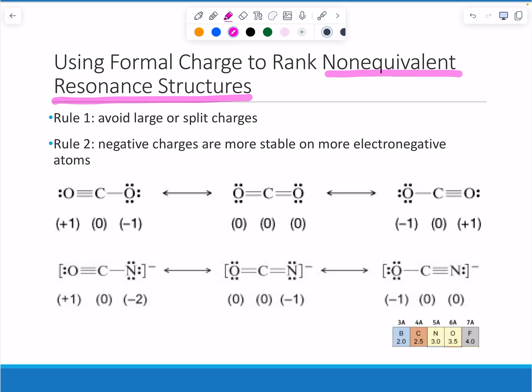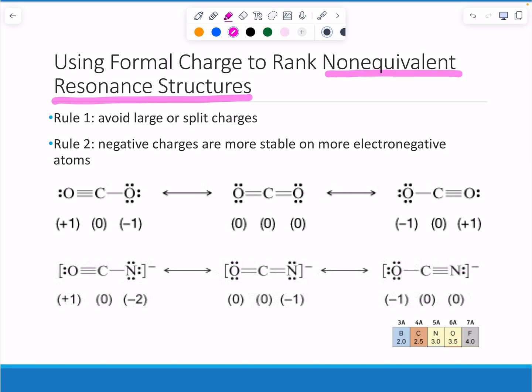Again, if structure and electron distribution is going to help us understand and predict chemical behavior, reactivity, physical properties, okay, then we have to be able to make decisions about which Lewis structure is going to be sort of the best representation of how the molecule exists most of the time, okay? And one of the ways we do that, how we decide which resonance structure is going to be favored, which one isn't, is we calculate formal charge, okay?